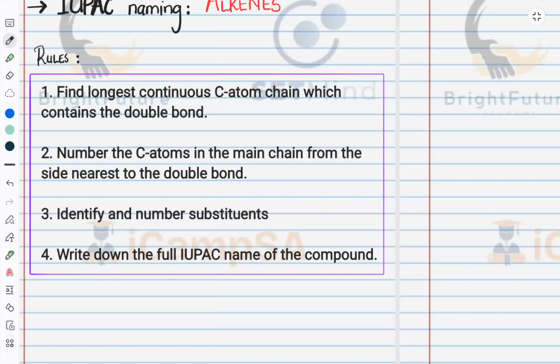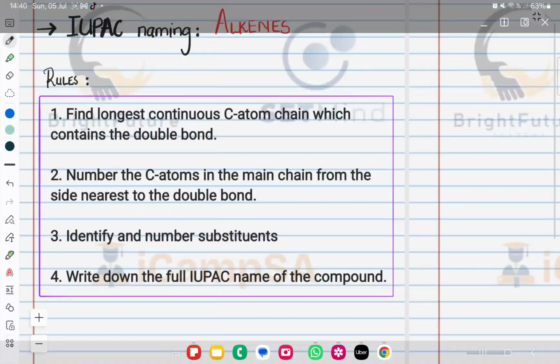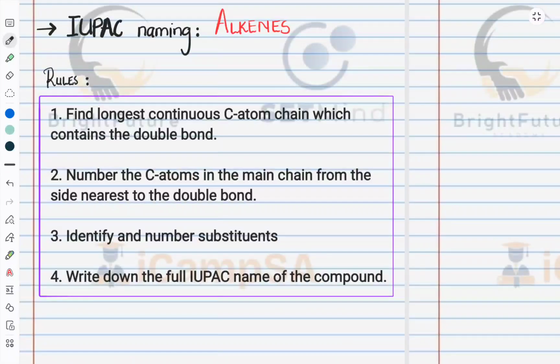If you remember our alkanes, when we numbered the carbon chain, we made sure to start from the side nearest to the alkyl group. In the case of alkenes, the double bond takes preference. So we start from the side closer to where the double bond is located, even if there was an alkyl group, we would overlook that.